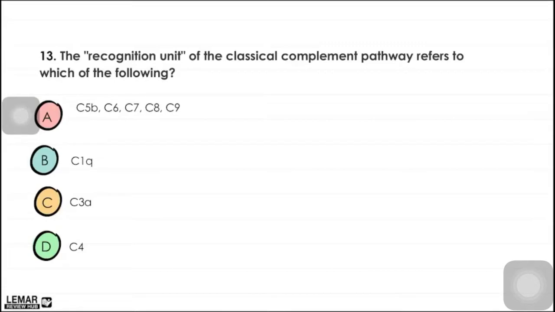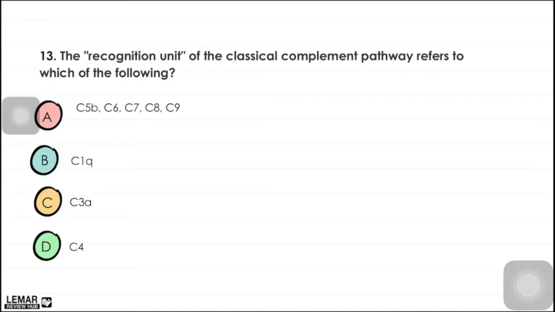C1q, kanina nasabi natin siya, is the term referred to as the recognition unit of the classical pathway. C1q is the molecule which binds to the antibody, particularly at its Fc portion.